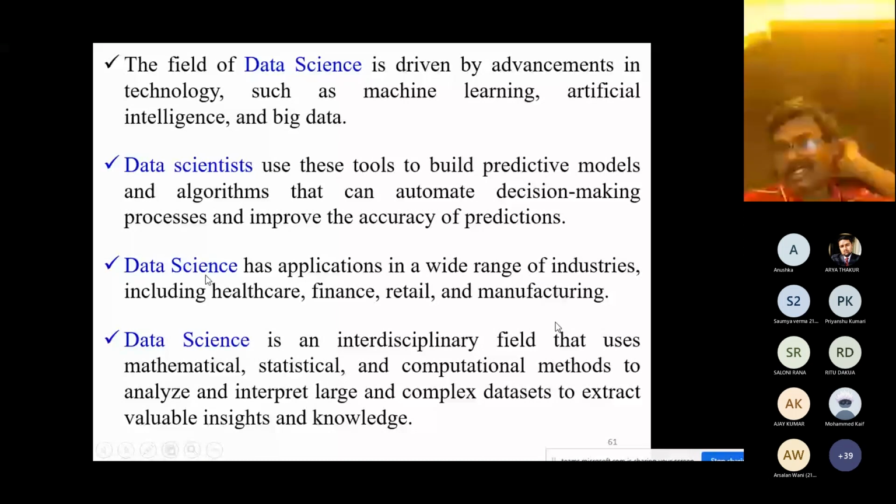Okay. So data science uses mathematical, statistical, and computational methods to analyze and interpret large volumes of data, huge volumes of data, and complex data sets to extract valuable insights and knowledge.